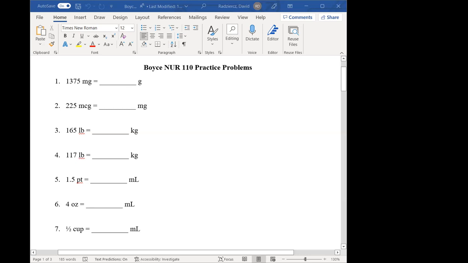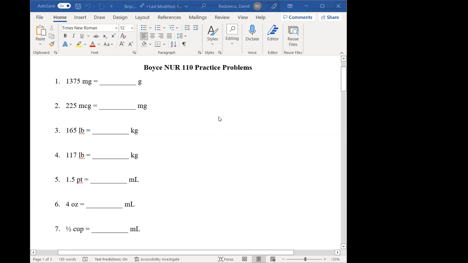My plan is to go through and talk about suspensions on Tuesday. In the meantime, you can practice these problems. Like I said, I just posted them today in the Microsoft OneDrive folder, so you have access to them.